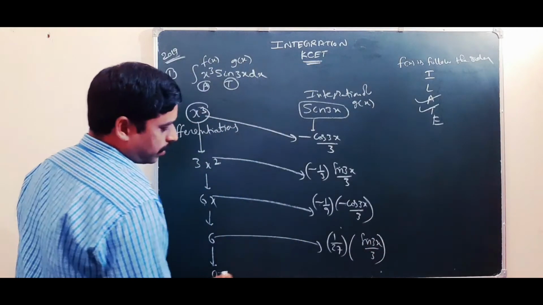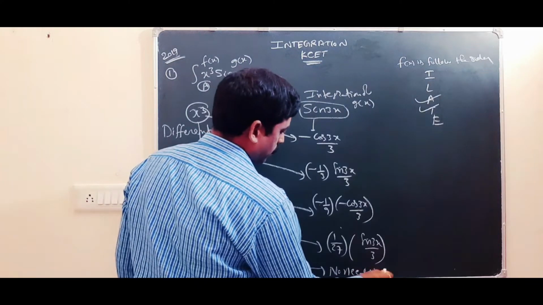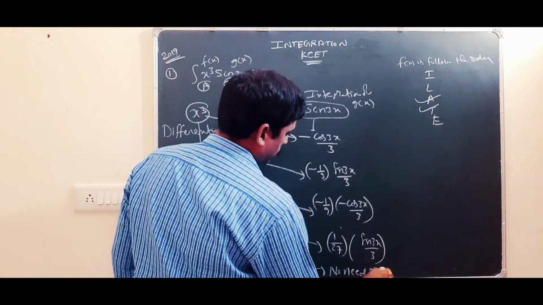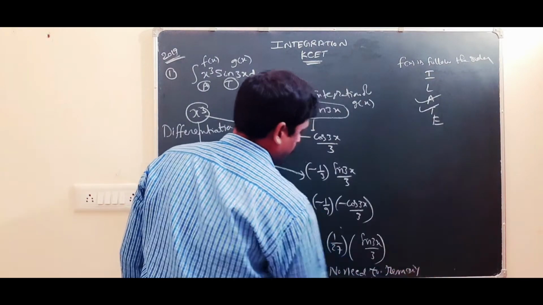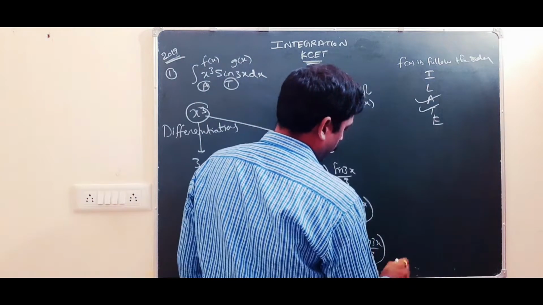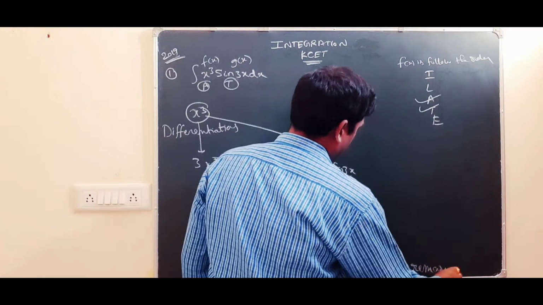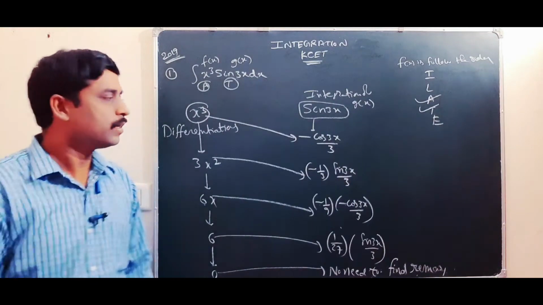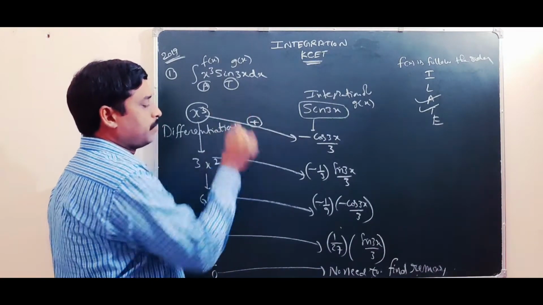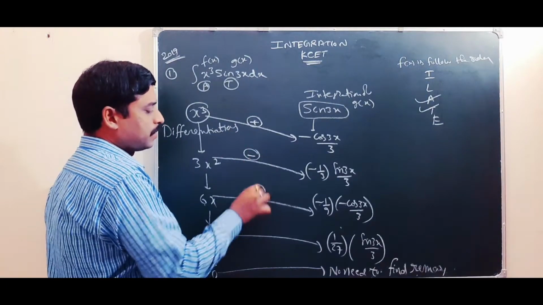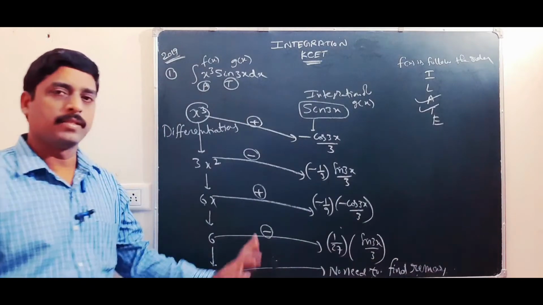Next, 0 into anything is 0, so no need to write the remaining terms. The signs change alternately: plus, minus, plus, minus, plus.